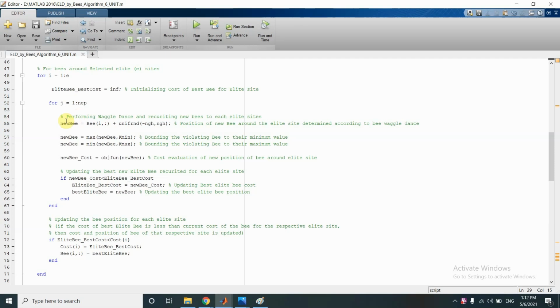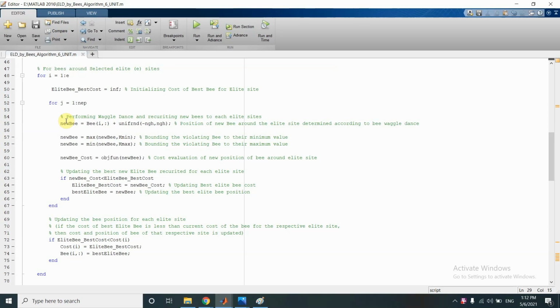Now, the bees that were initially sent and returned and were found to be elite will perform the waggle dance to convey the information to the newbies about the location and quality of food.